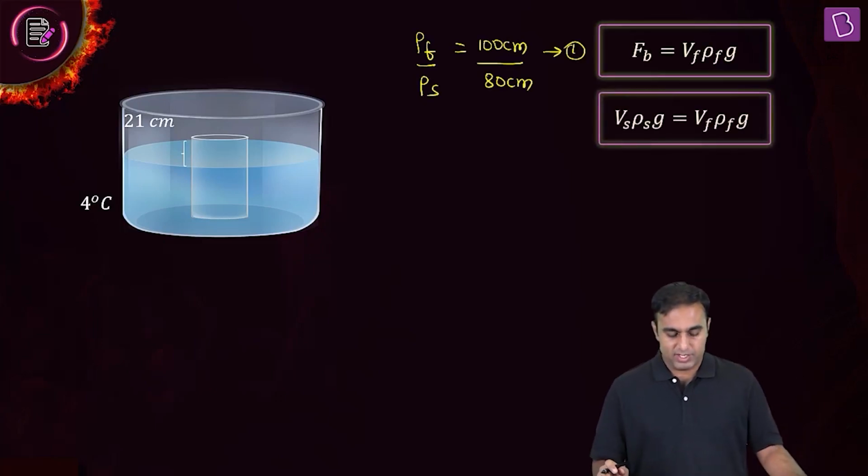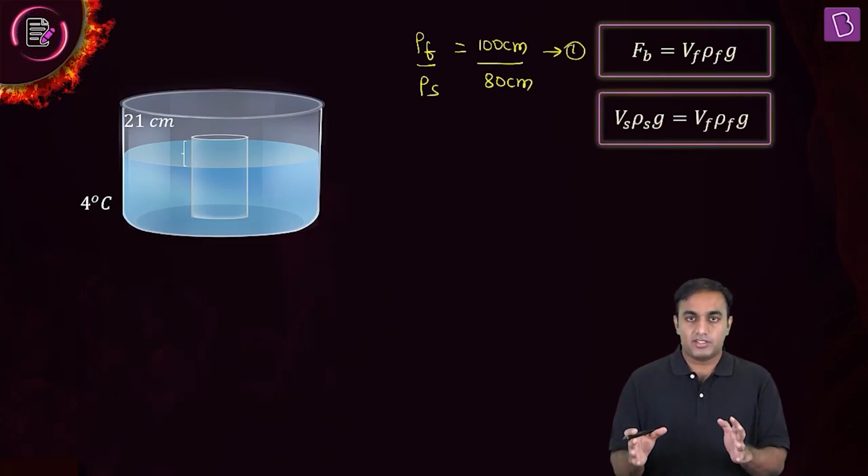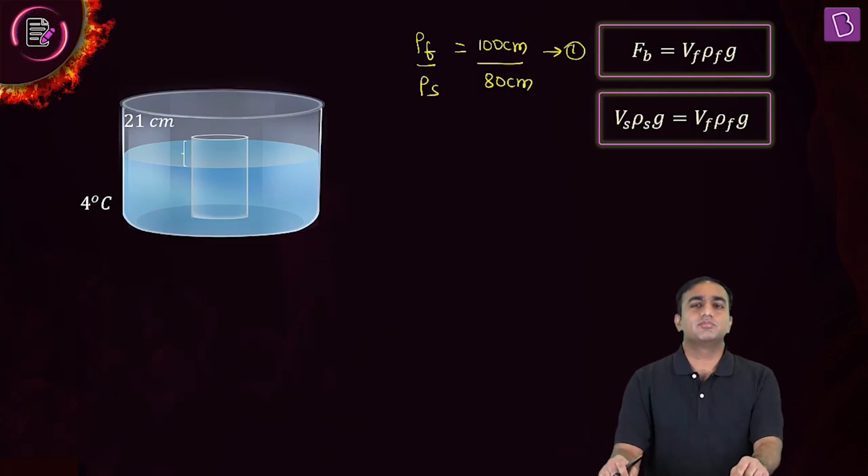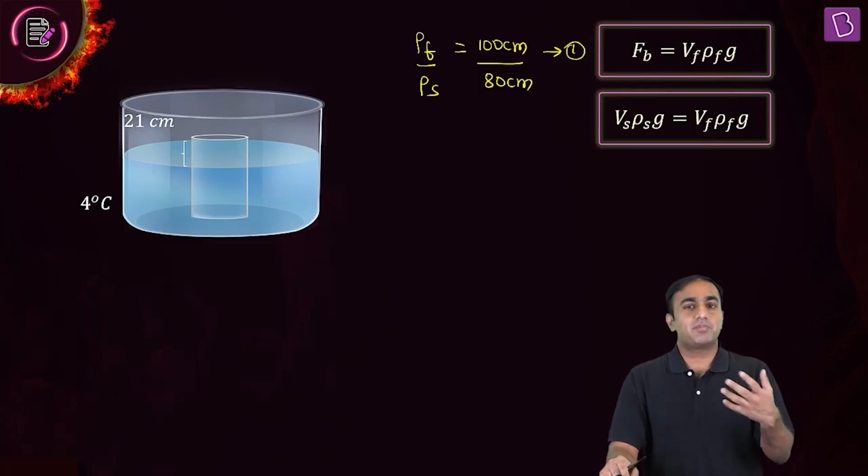Okay. Now, we are looking at the increase of temperature, and the final temperature is 4 degrees Celsius, and the height of the cylinder that stays outside the water happens to be 21 centimeter. Why? It's because of anomalous expansion of water. When you increase the temperature of water from 0 to 4 degrees Celsius, does it expand or contract?